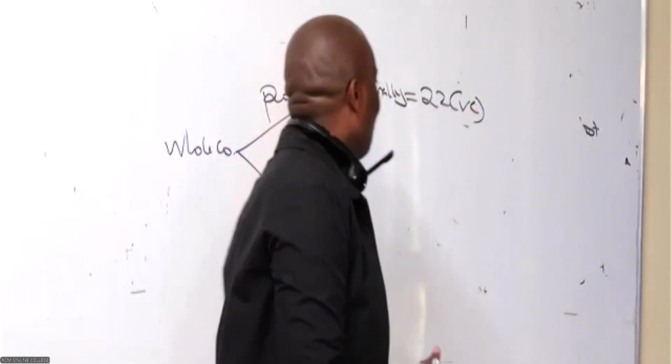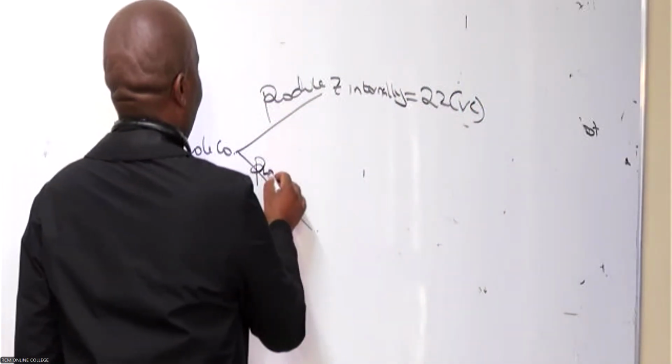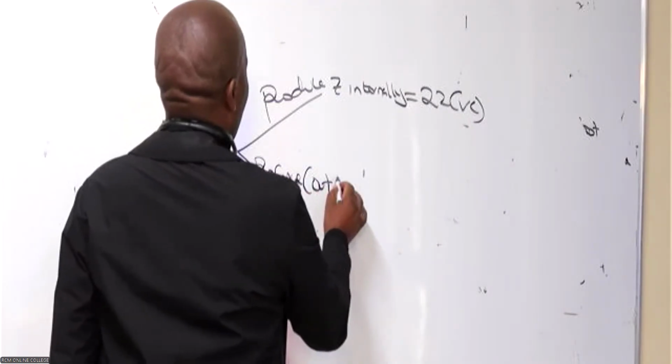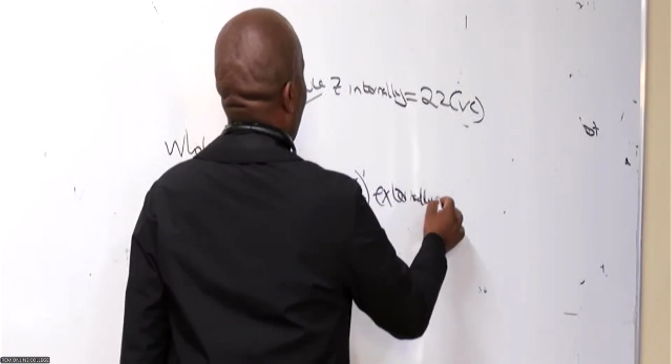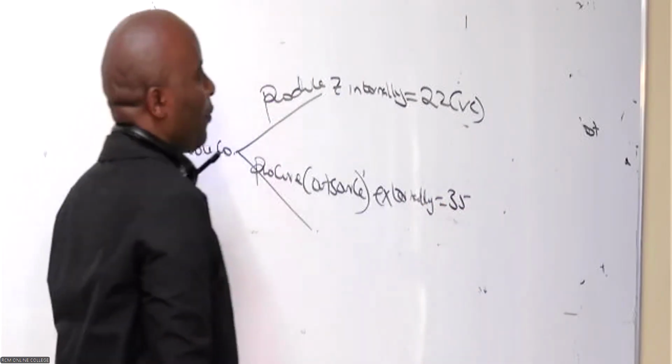Or you outsource, procure externally, at how much? At 5.